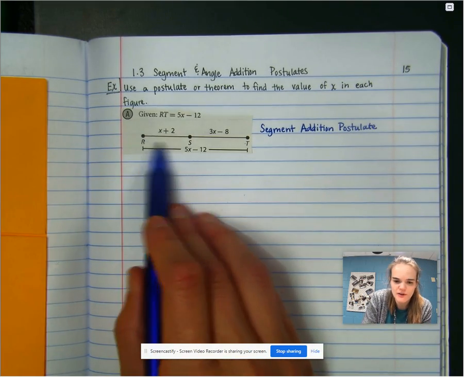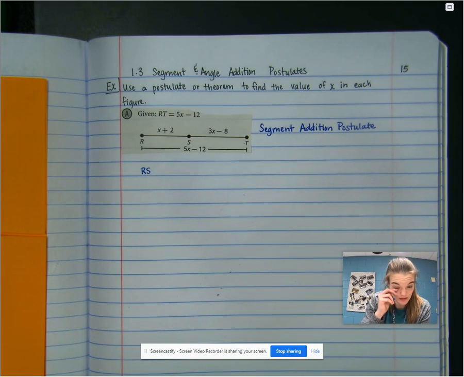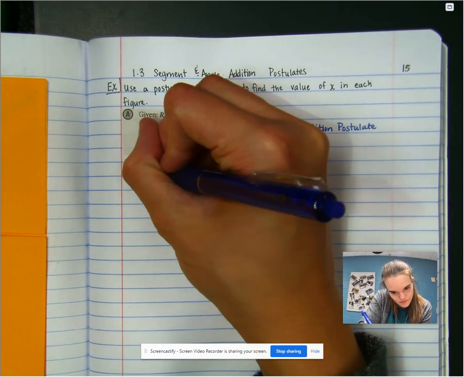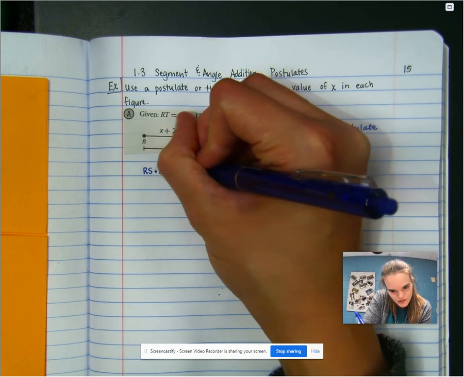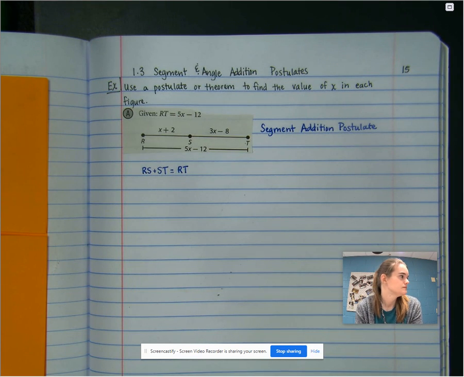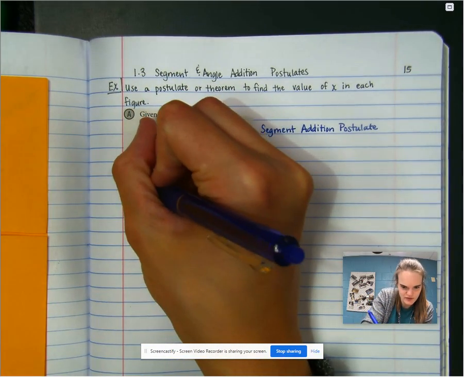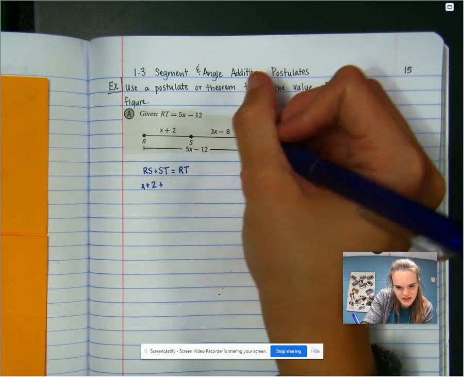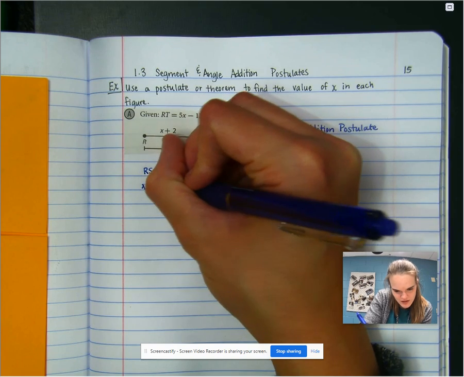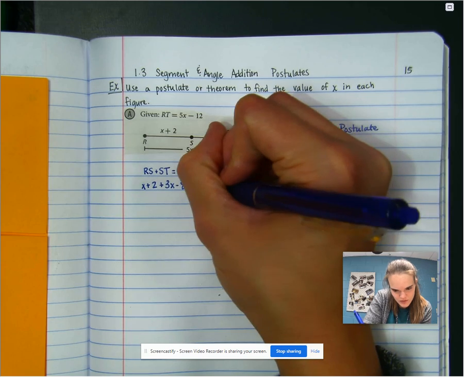So RS, this piece here, plus ST is equal to the whole thing, which is RT. Okay. Now I'm going to replace RS is x plus 2 it says. ST is 3x minus 8. And RT is 5x minus 12.